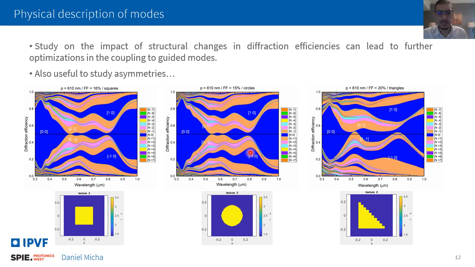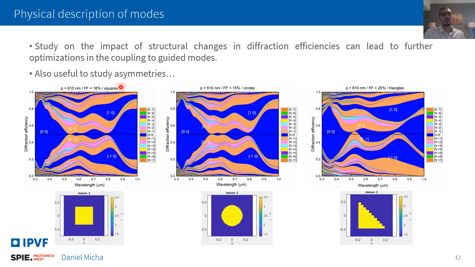We can engineer the structure in different ways in order to have higher or lower diffraction efficiency in given orders, to try to increase the coupling between a given diffraction mode and a propagation constant. So this can be very useful for further optimization of the structure.